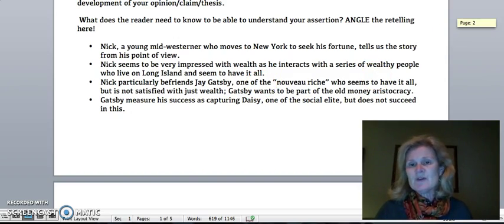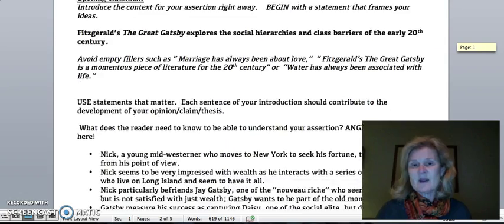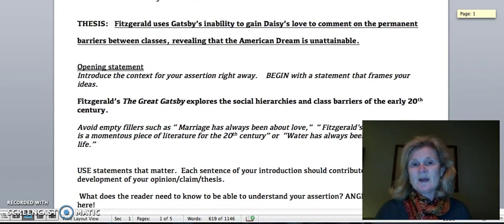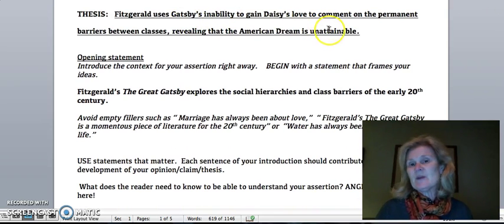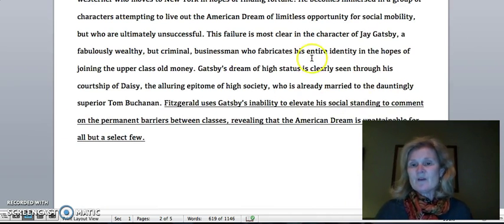You'll also notice that my final thesis, Fitzgerald uses Gatsby's inability to elevate his social standing, is slightly different from my original thesis, which sits all the way up here, where it's Gatsby's inability to gain Daisy's love to comment on. So I rework this to remove Daisy's name from my thesis statement.